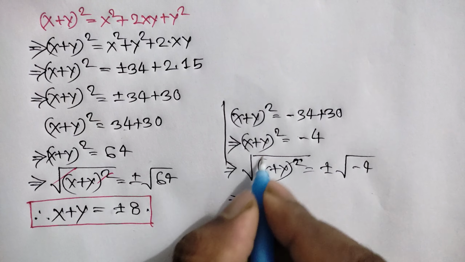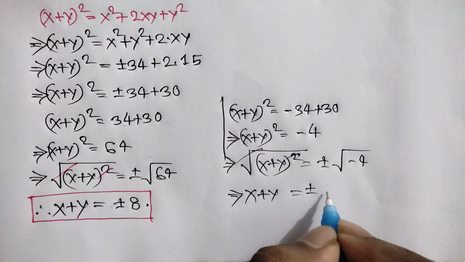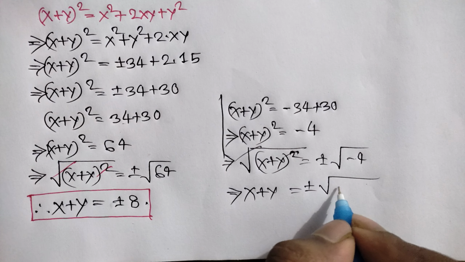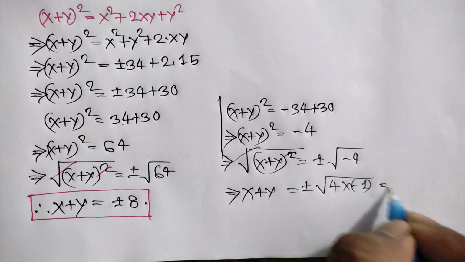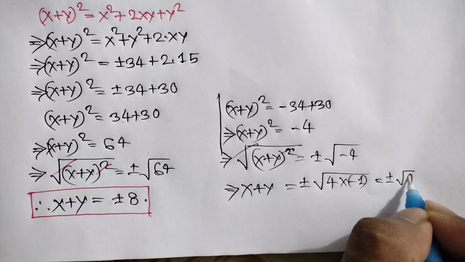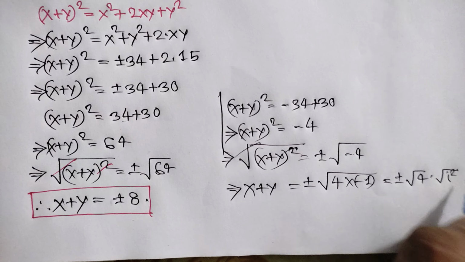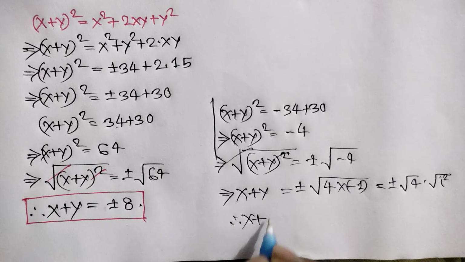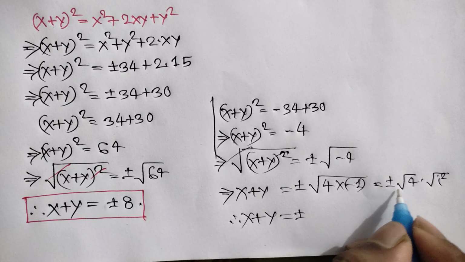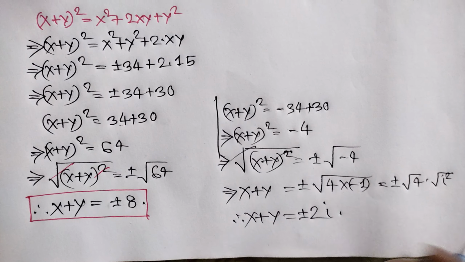This cancels out this, so we will get x plus y is equal to plus or minus, now negative 4 can be written as 4 times negative 1, which is equal to plus or minus square root of 4 times square root of negative 1, and we know that negative 1 is i square. So finally we will get the value of x plus y is equal to plus or minus square root of 4 is 2, and here we will get i.